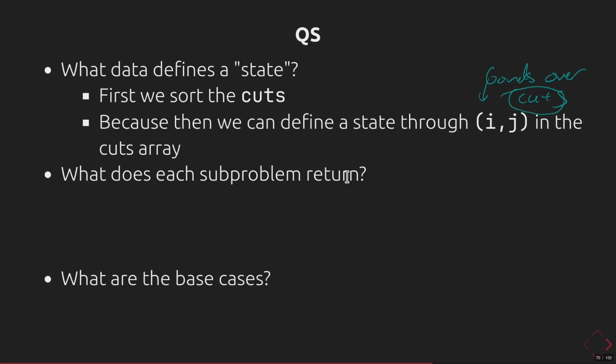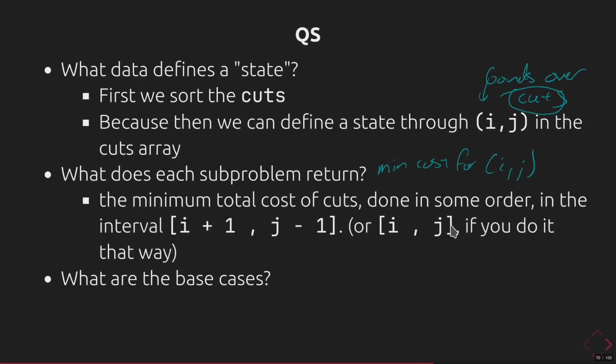Okay, and each subproblem has to return just like the main problem, and that is going to be the min cost for a particular i, j. The minimum total cost of cuts done in some order in the interval.